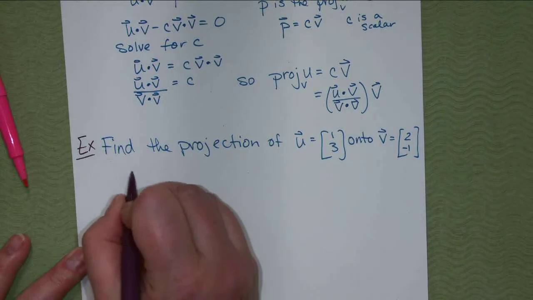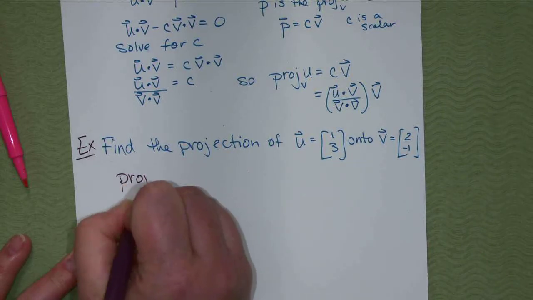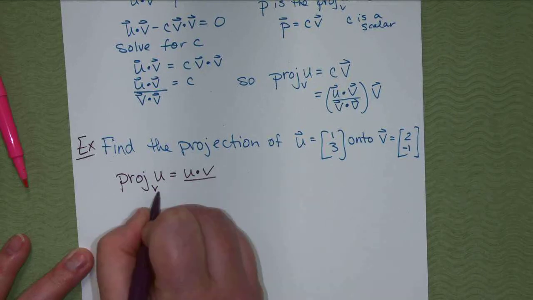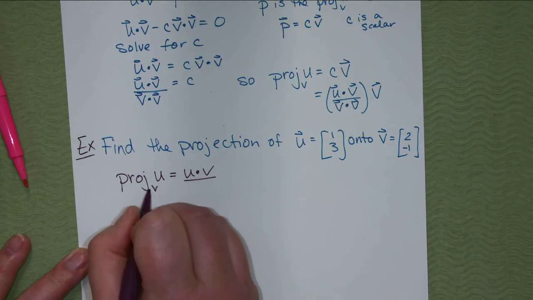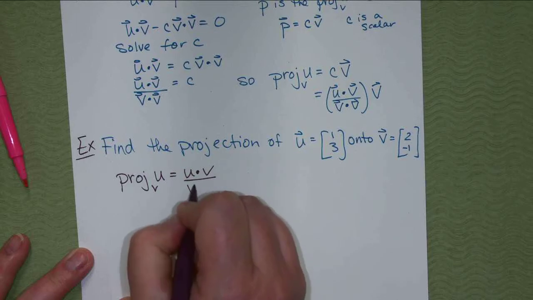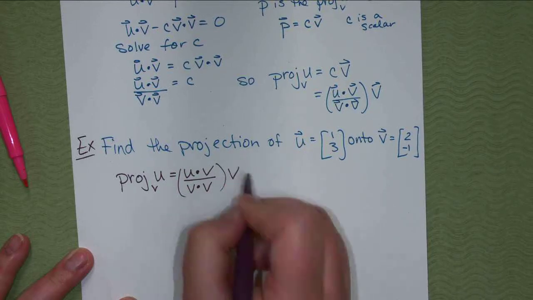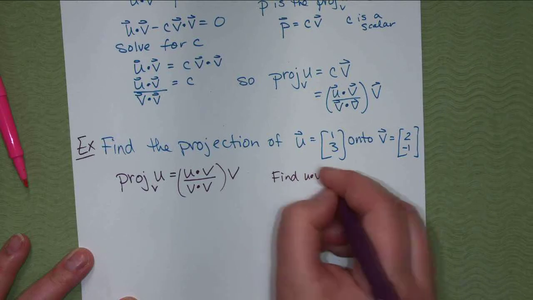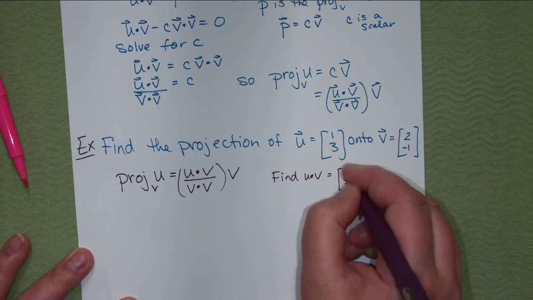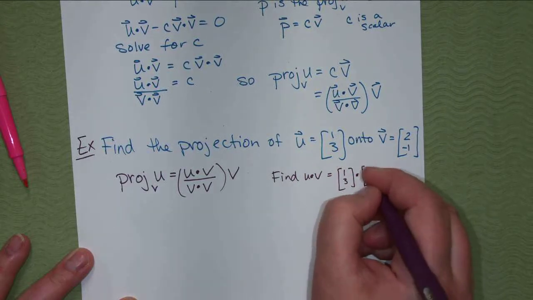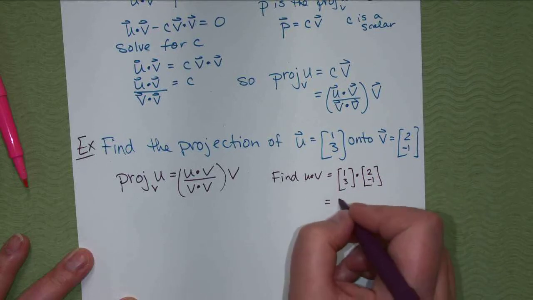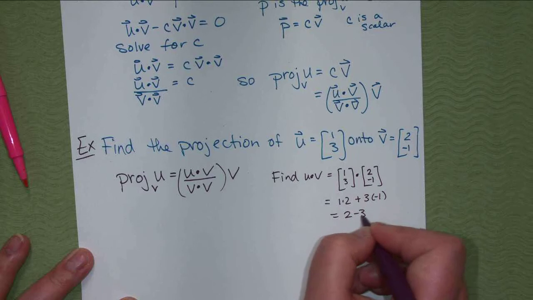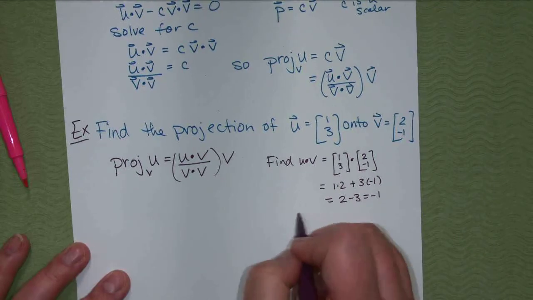So the projection of U onto V: U dot V over, we're projecting onto V, so that's all V's except for that one U, so V dot V. So we need to find U dot V and V dot V.